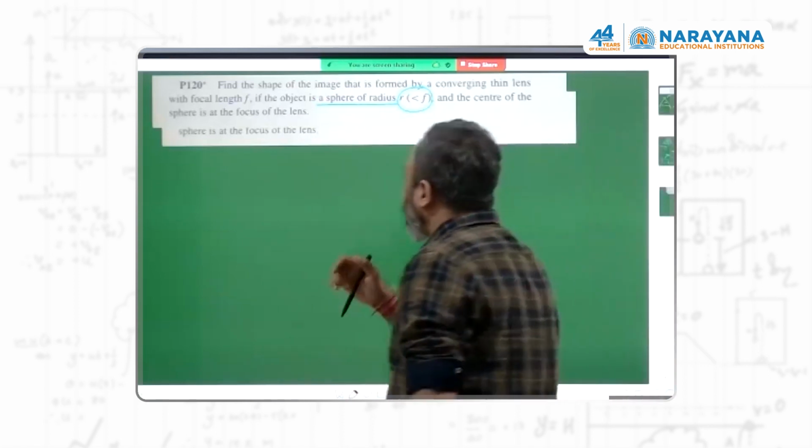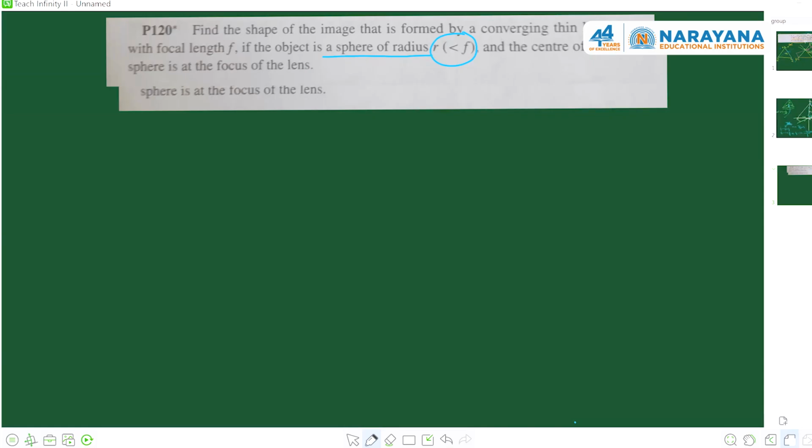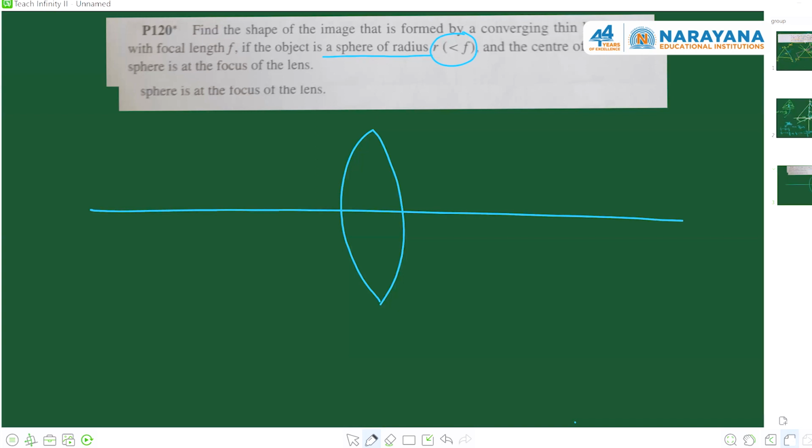So basically what we are trying to say is, if this is my converging lens, and I have an object which is in the form of a hollow sphere, and the distance here is given as f, and it has a radius r, and r is less than f, that's fine.